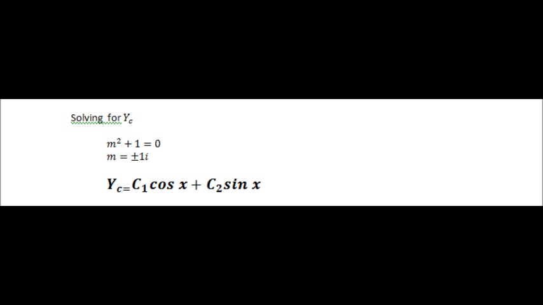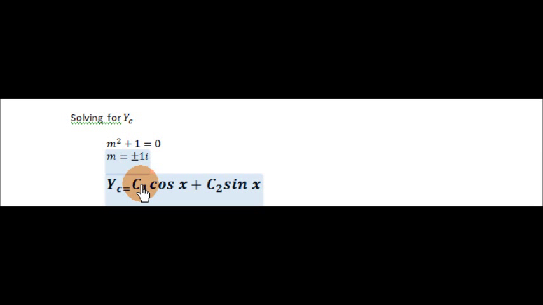To solve for yc, we need to convert the given equation into its characteristic or auxiliary equation, which is m squared plus 1 equals 0. So transpose 1, so we have here -1, then square root of -1, we have imaginary, or plus minus 1i.